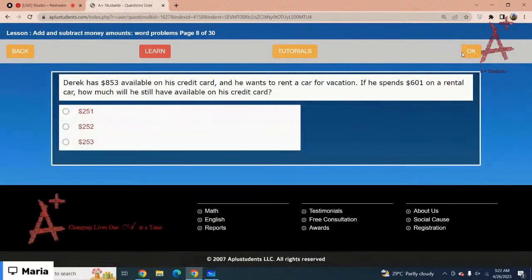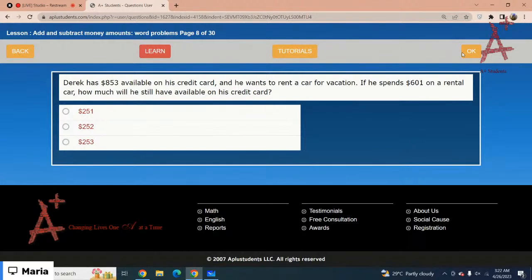Okay, the next one is: Derek has $853 available on his credit card and he wants to rent a car for vacation. If he spends $601 on a rental car, how much will he still have available on his credit card? So on the credit card he has 853. Just subtract 601 from 853.